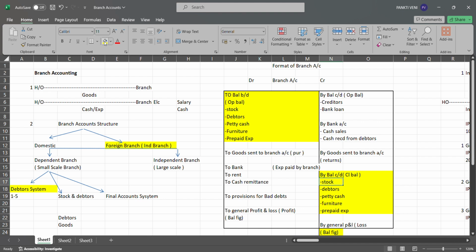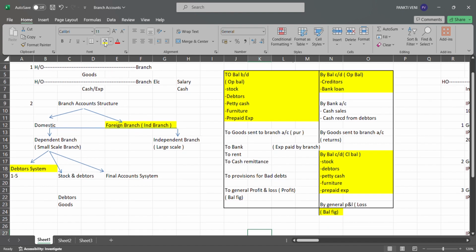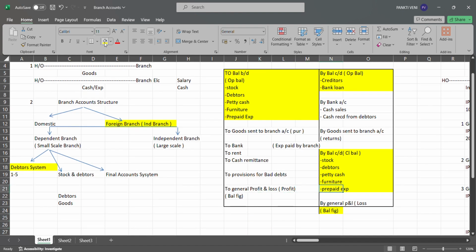This opening is your asset. This opening is for your liability. Then you have closing. In the same way you can have closing of your liability on this side, the debit side.